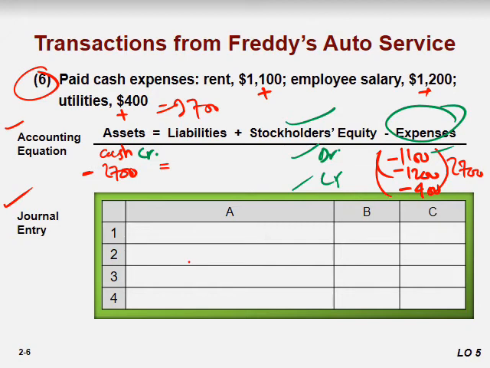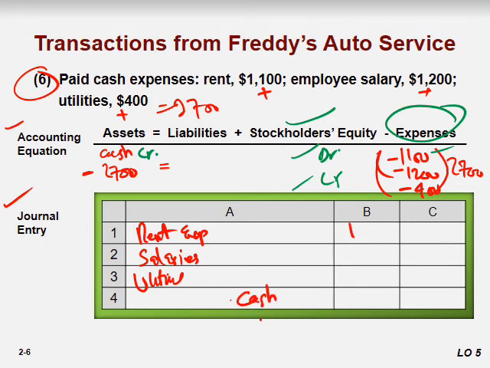So we're going to write our accounting journal entry starting from debit. So the debit side is, we can say, rent expenses, salaries, utilities to cash.